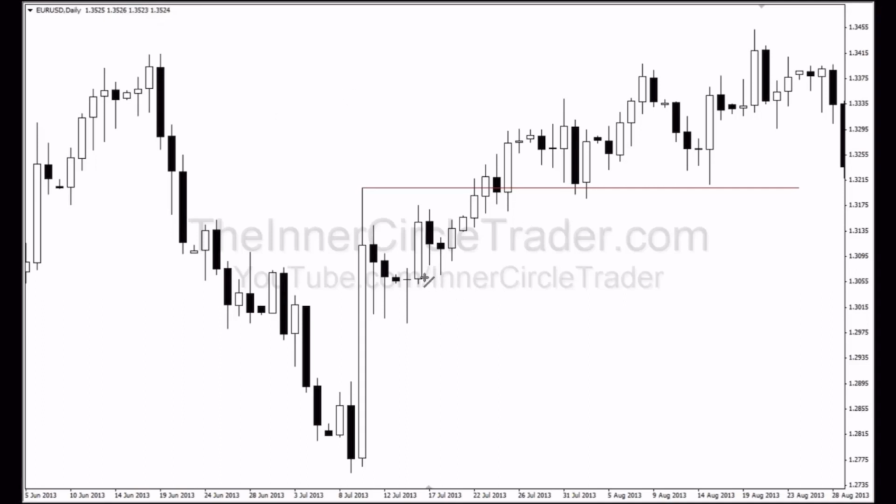And that comes in the form here. We have this candle here prior to it to move up. In other words, this move higher, and this candle here.